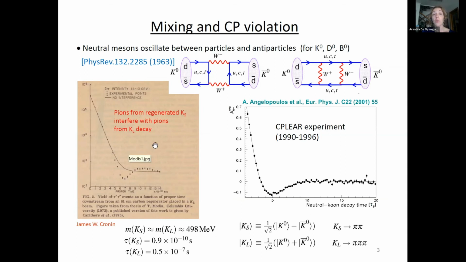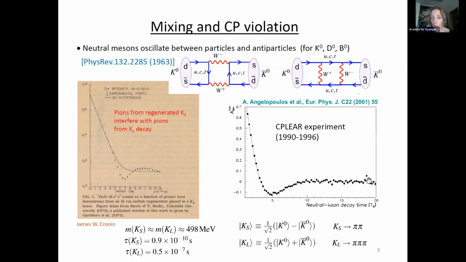You were not expecting to have any K short at some time because the lifetime was very short, and then you observe that you have a regeneration of this K short, which was interfering with pions coming from the K long decay. This was observed and has been very well measured in the CPLEAR experiment at CERN.